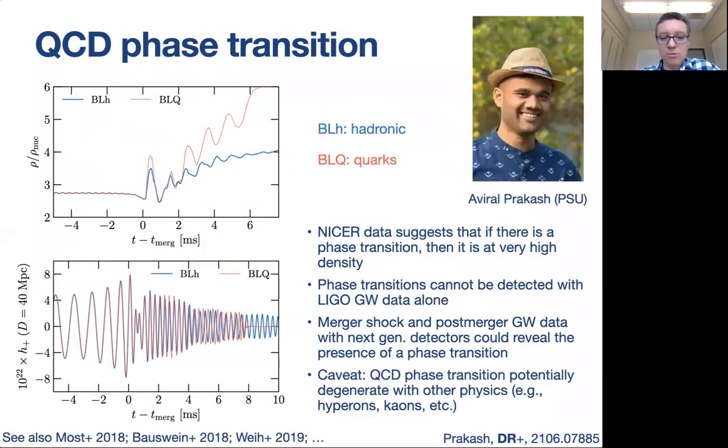One of the other things that we looked at very recently, with a student here at Penn State, Aviral Prakash, is signatures of phase transition in mergers. One of the interesting aspects, apart from the gravitational wave signal, is that the phase transition results in a more violent bounce of the remnant. With a more violent bounce, we find a much larger amount of fast-moving ejecta.